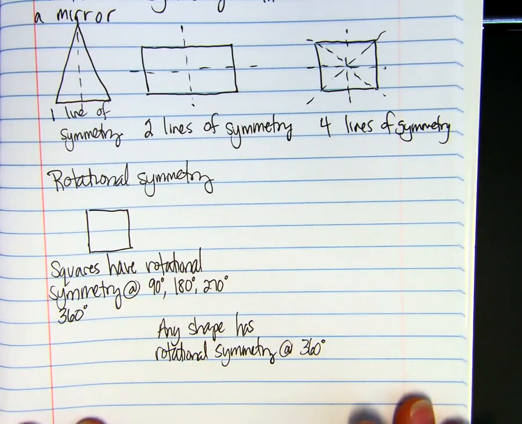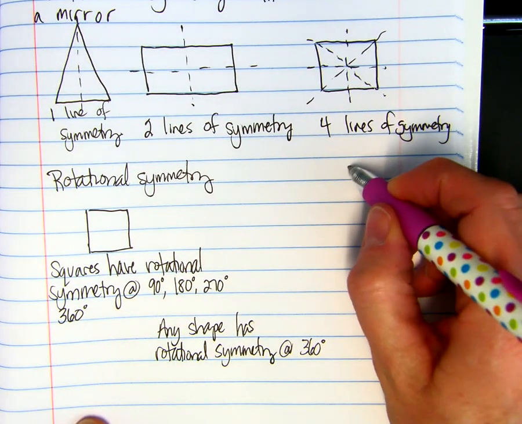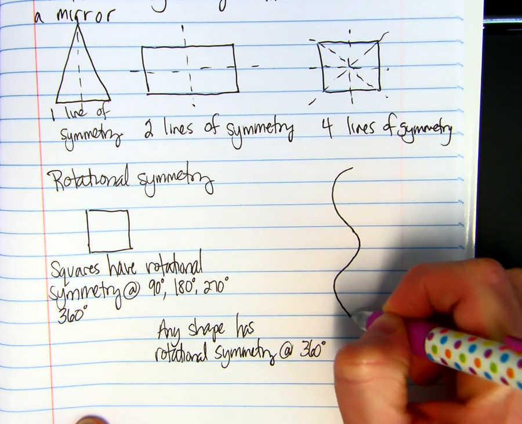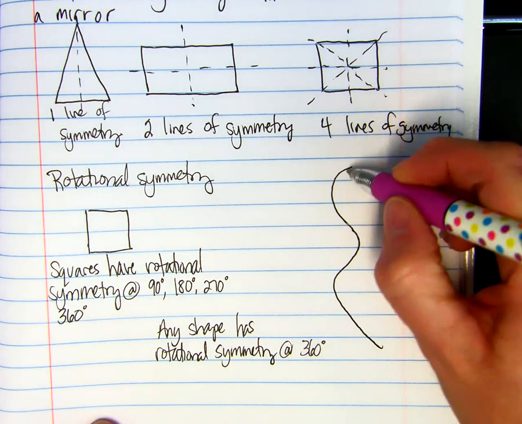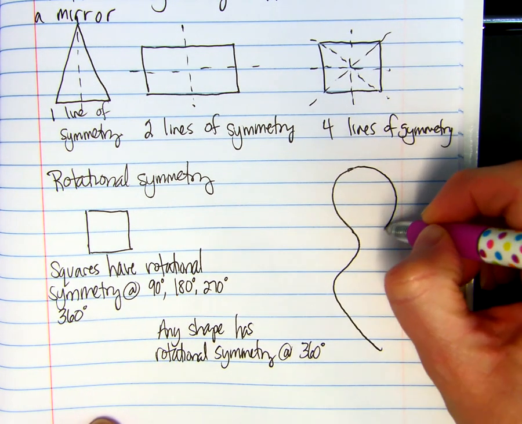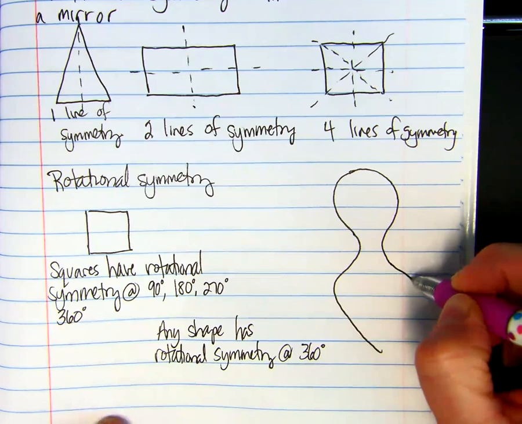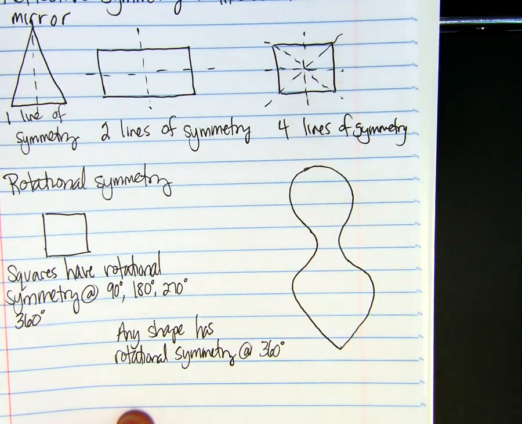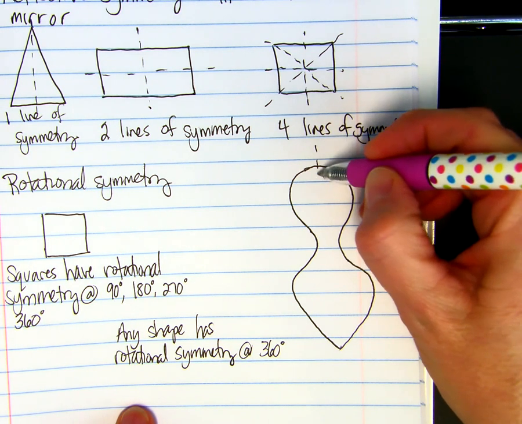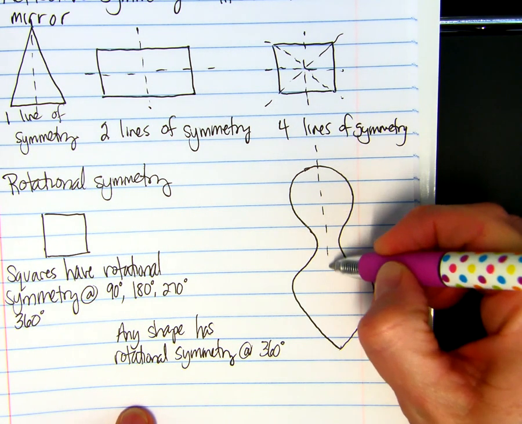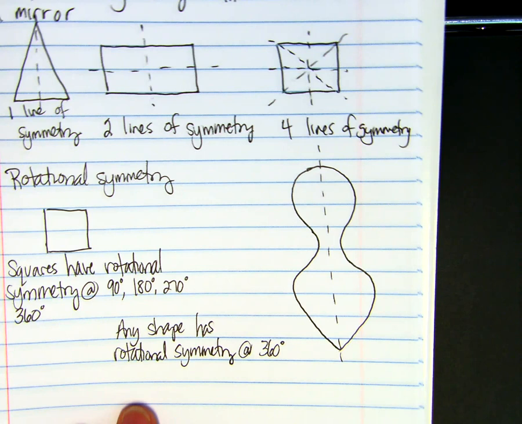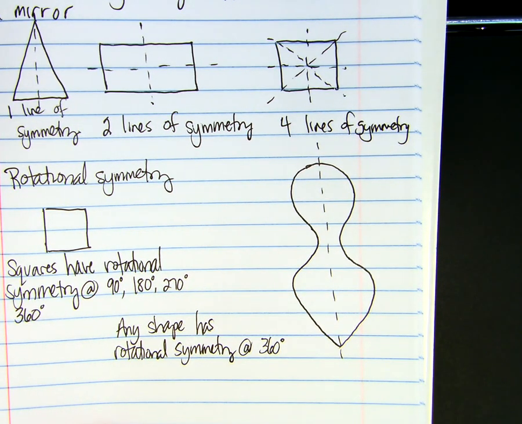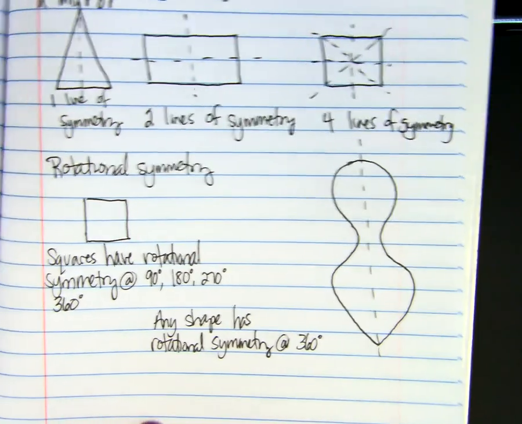So here's this really big shape that we're going to draw, just kind of curvy at the top, and then kind of like a point at the bottom, and then you draw the same on the other side. So this one, you could put the line of symmetry right through the middle. And then also you could imagine at 360 degrees, you'll see the figure again, but you won't until you're all the way around.